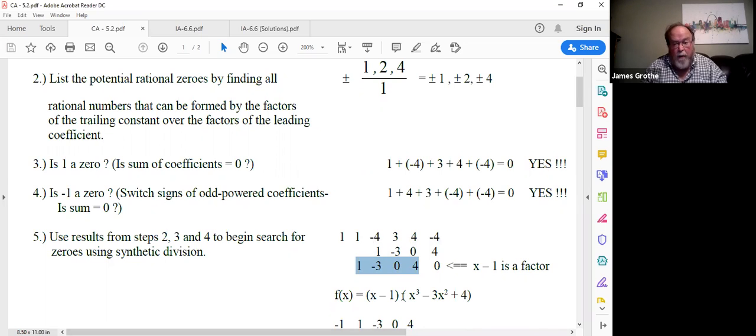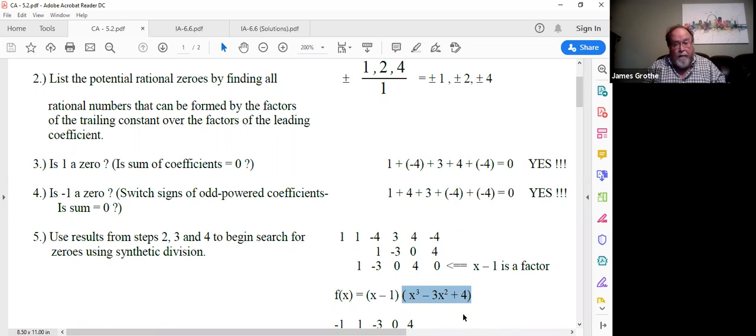So now I'm working on this polynomial, x cubed minus 3x squared plus 4. You'll notice that this polynomial has the same lead coefficient and the same constant at the end. So my list of possible rational zeros, the 1, 2, and 4 that I started with at the beginning, are still in the game.